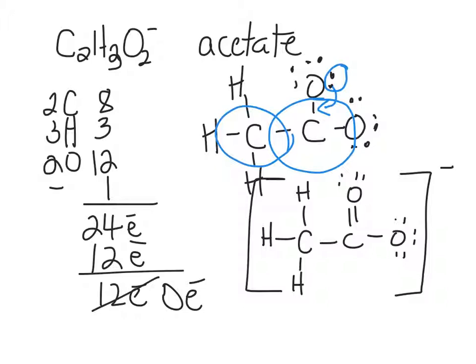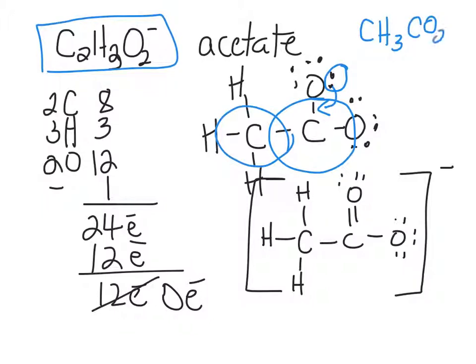Now to do acetate from this formula is hard, but normally organic compounds, carbon-based compounds, actually give you a hint to the order of the atoms based on the order that they give you in the compound. So this would normally be written as CH3CO2.